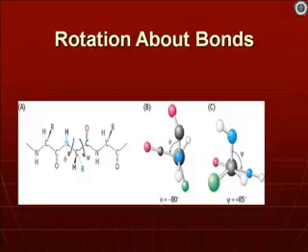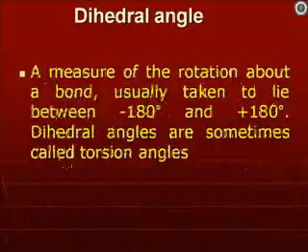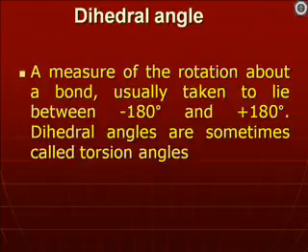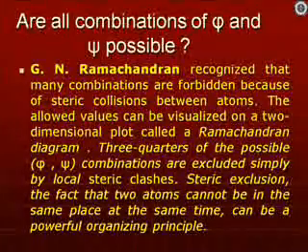The angle of rotation about the bond between nitrogen and alpha carbon atom is called phi, and the angle of rotation about the bond between alpha carbon and the carbonyl carbon atom is called psi. The phi and psi angles determine the path of the polypeptide chain. A measure of rotation about a bond is usually taken to lie between -180 and +180 degrees. Dihedral angles are also called torsion angles.